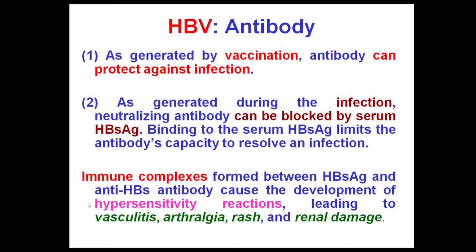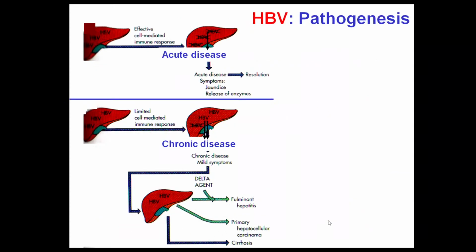But the bad thing about the anti-HBs antibodies is that immune complexes can be formed, and they may cause hypersensitivity reactions of type 2 and 3 that may result in vasculitis, arthralgia, rash, and renal damage.